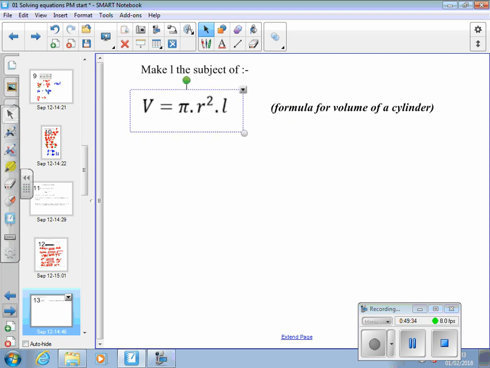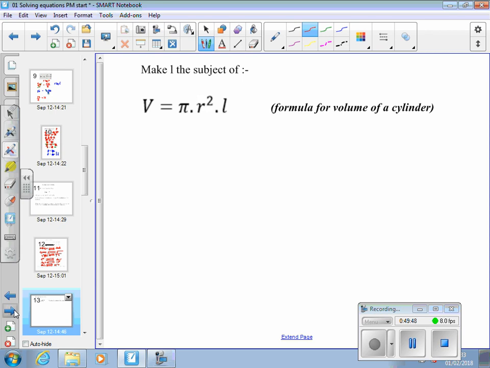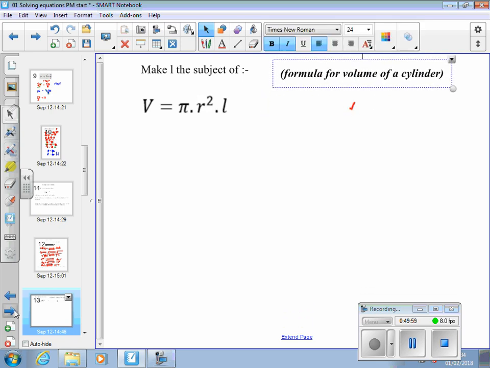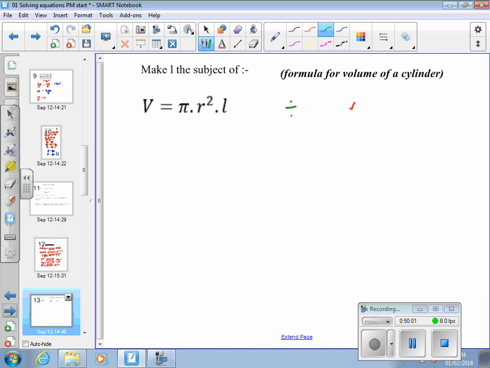So this formula for volume, how are we going to go about turning that into a formula for the length if we know the volume? We could divide by pi first.